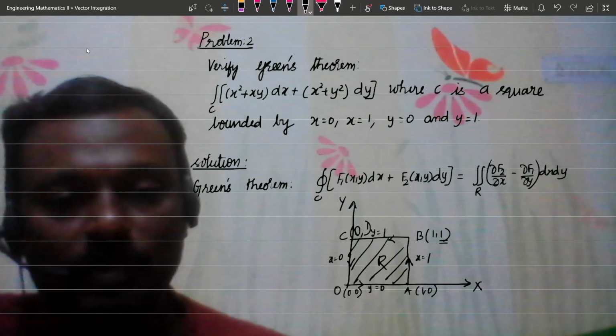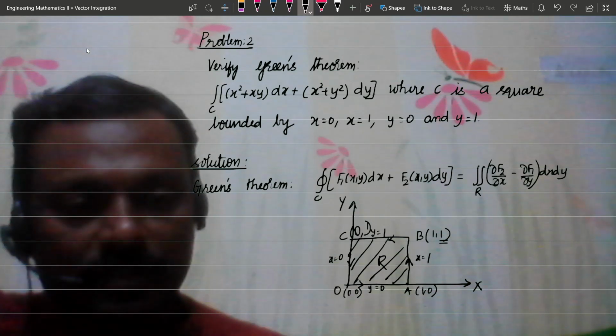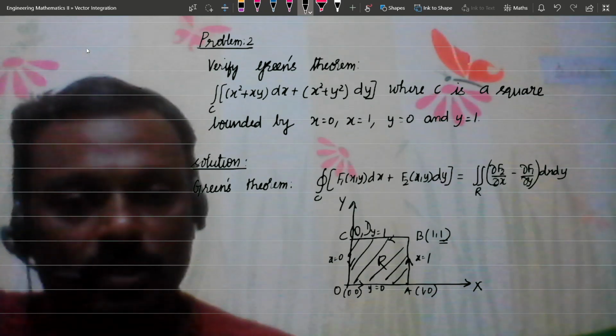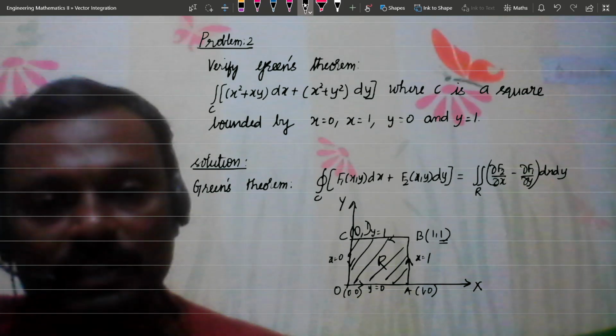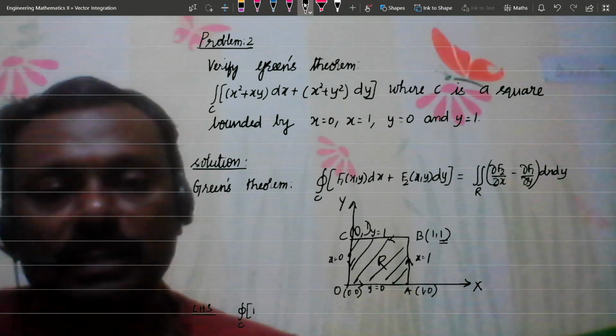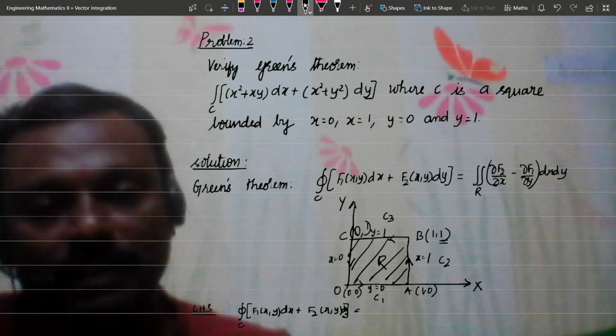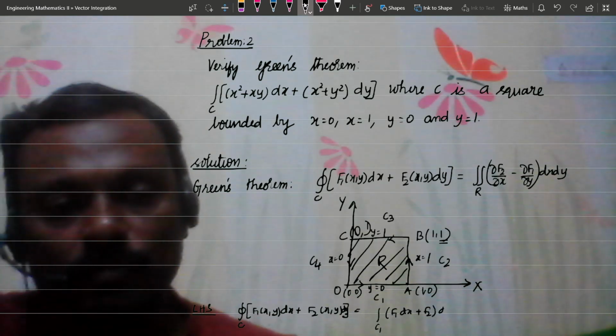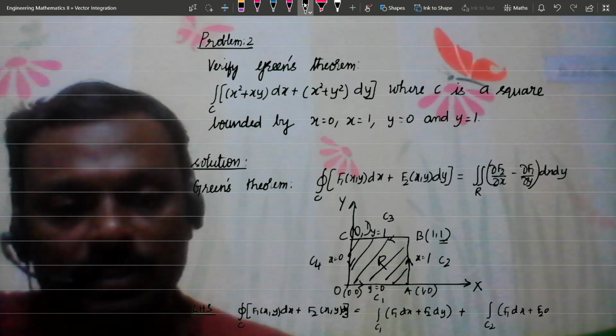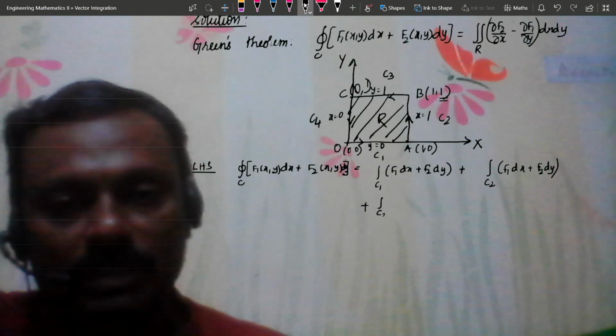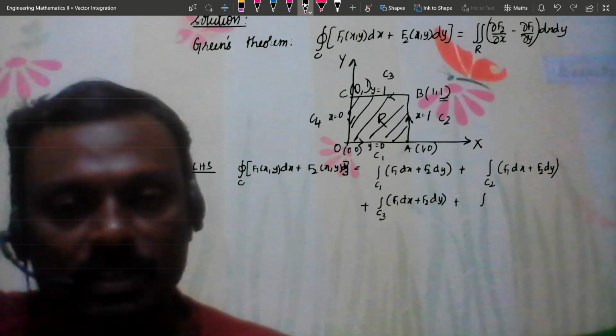Now let's proceed to verify Green's theorem. If you consider the LHS of Green's theorem, it is the integral over C of f1 dx plus f2 dy. Now it can be split into 4 simpler boundaries C1, C2, C3 and C4.